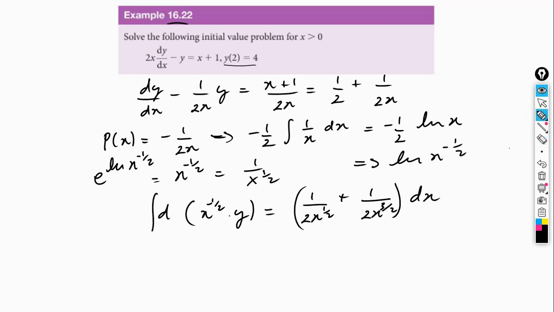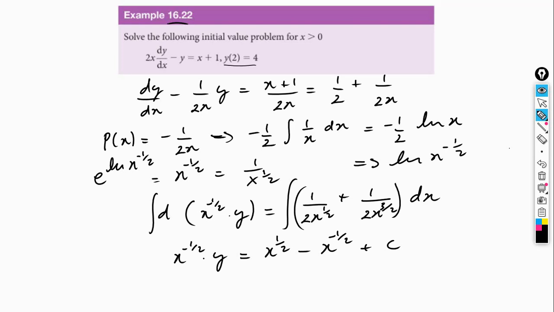Now we integrate both sides, and we should get x to the minus 1/2 times y is equal to x to the 1/2 plus, or no, minus, we would get minus x to the minus 1/2 plus a constant c.